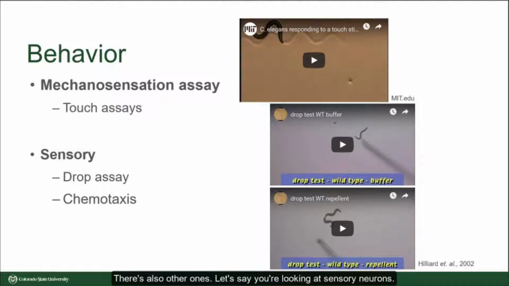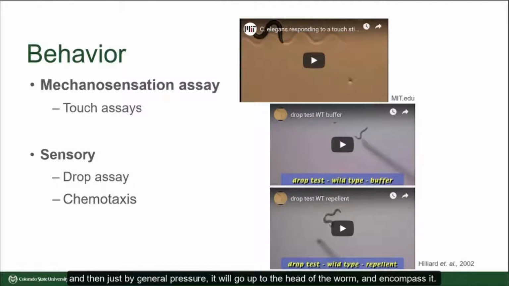But there are also other assays. Let's say you're looking at sensory neurons. In these two videos, you have some type of repellent for the worm. You drop it on the tail of the worm, and by general pressure it goes up to the head and encompasses it.